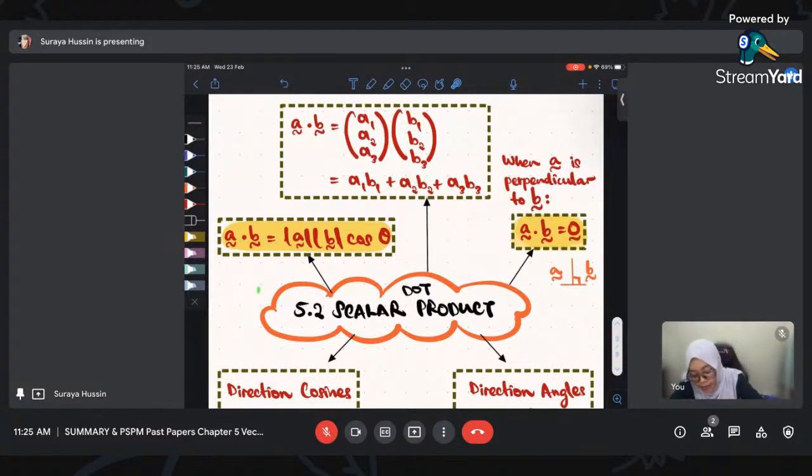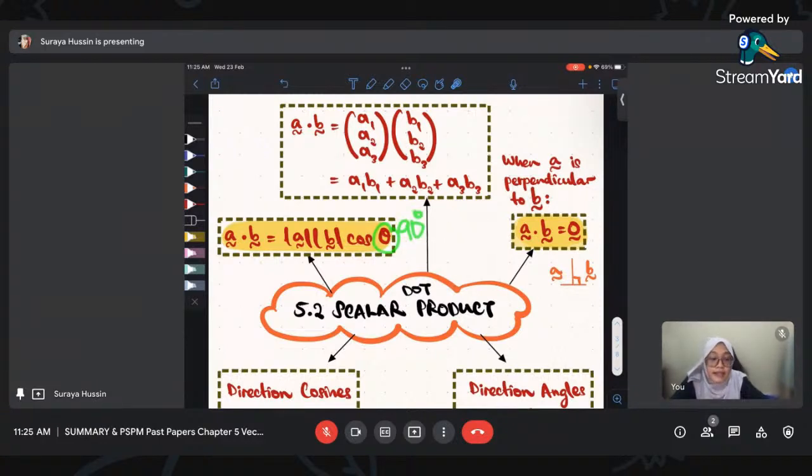Okay. A dot B. Dia kata when A is perpendicular to B, bermaksud degree dia adalah 90 degree.